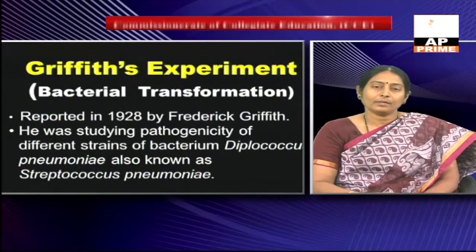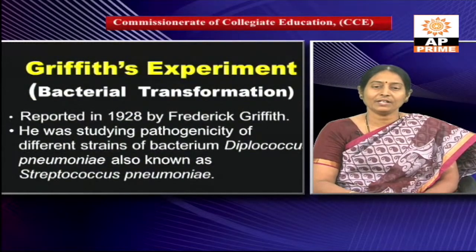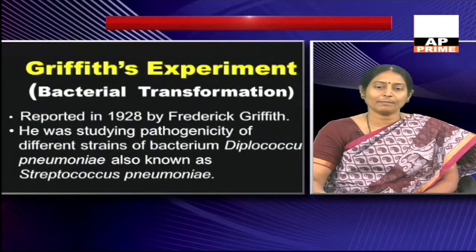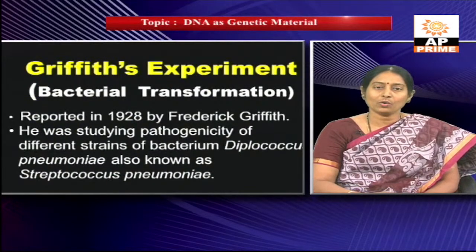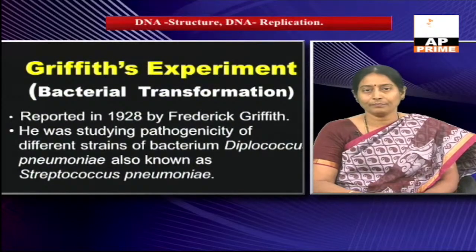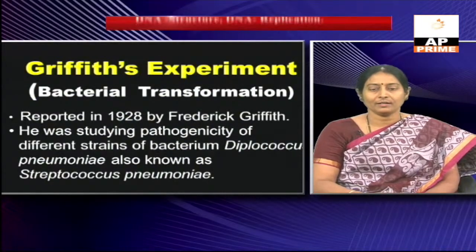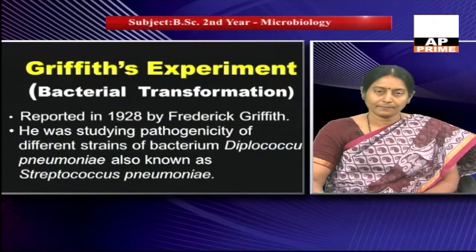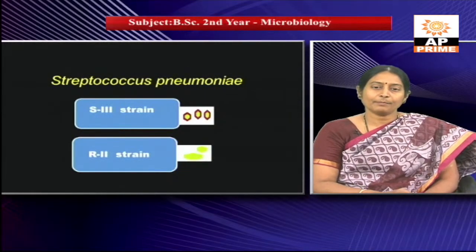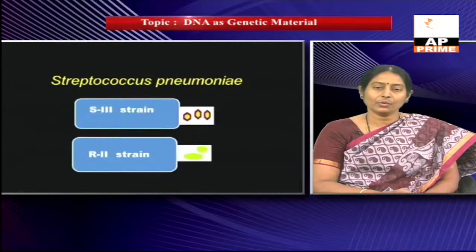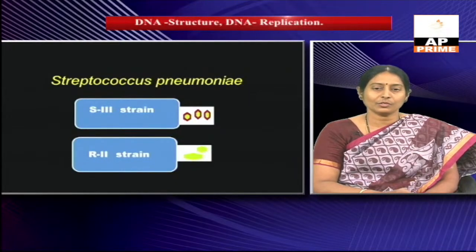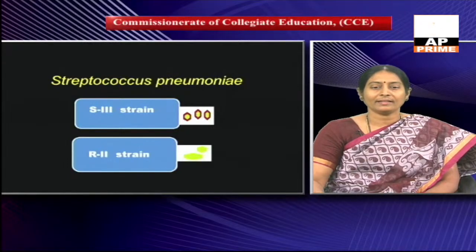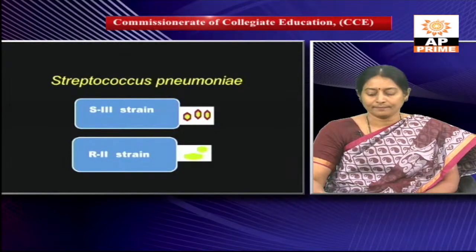In the process of identification of DNA as the genetic material, Griffith conducted experiments on Diplococcus pneumoniae, a bacterium which causes pneumonia, also known as Streptococcus pneumoniae. In his experiments, Griffith used two strains of Streptococcus pneumoniae. One is called S3 strain and the second one is R2 strain.